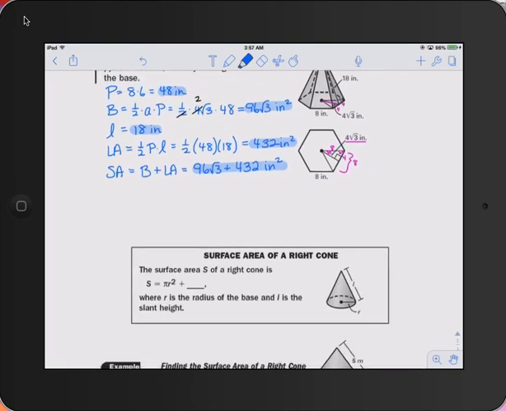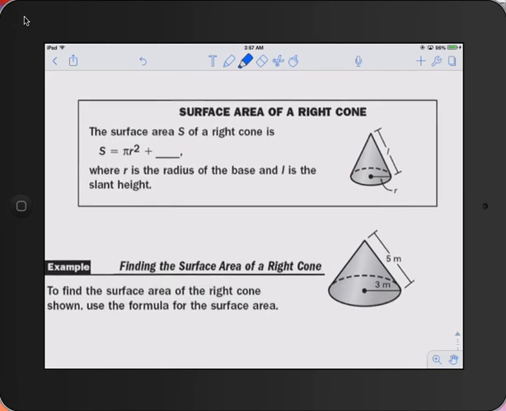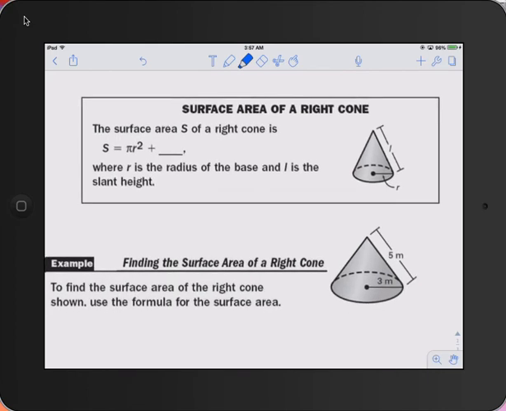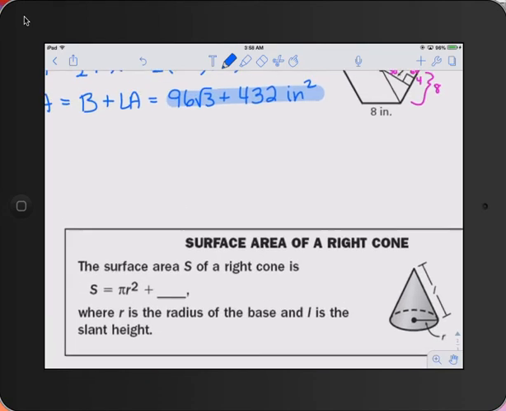Okay, now a cone acts pretty much the same way as a pyramid, except that again it's not actually a pyramid because it doesn't have a polygon as the base. But it's still going to be a base with a lateral surface that comes up to a point at the top, that's the vertex. Okay, so the surface area for a cone, let me derive this for you too.